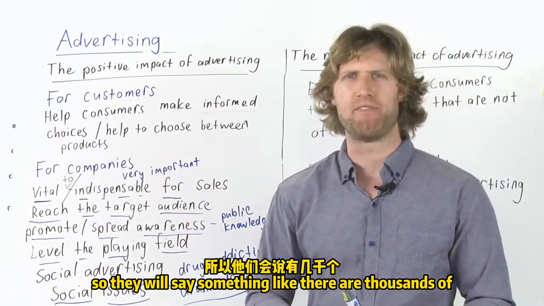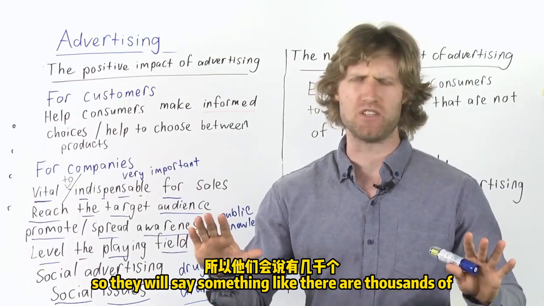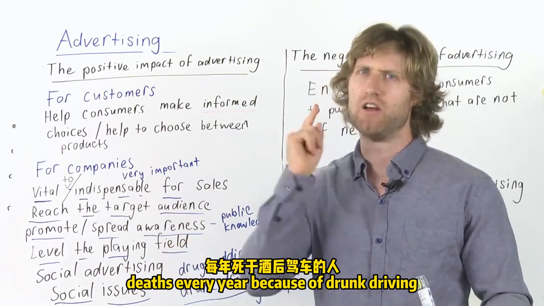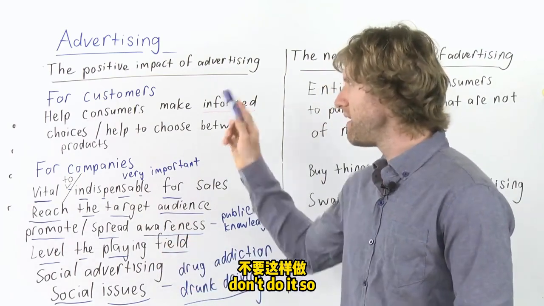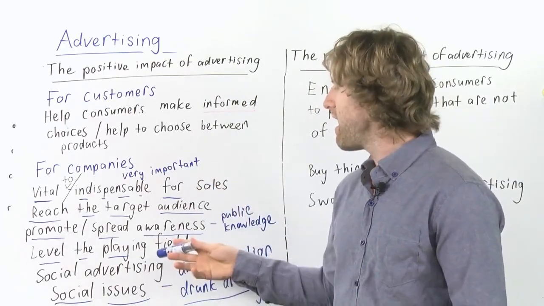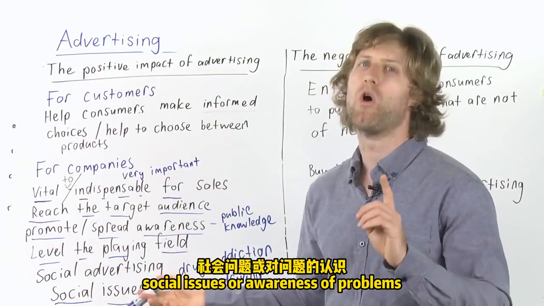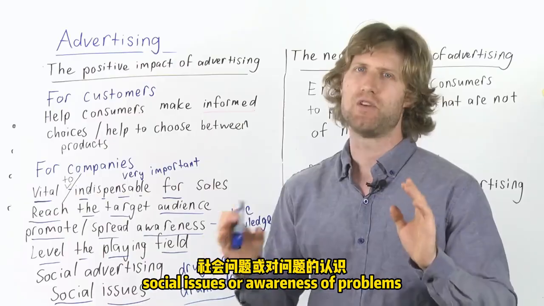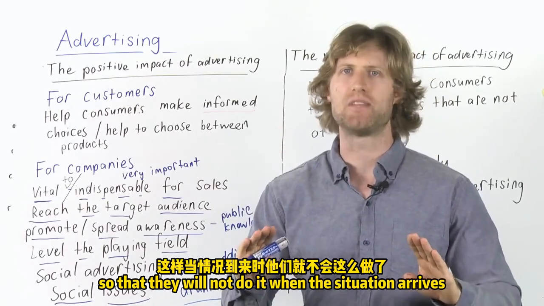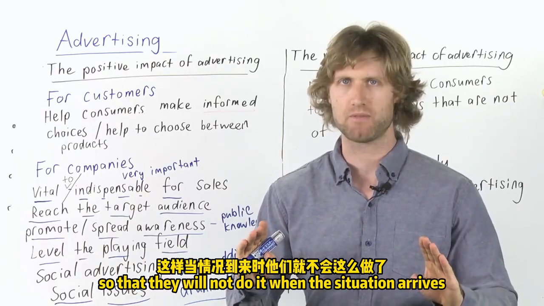So they will say something like, there are thousands of deaths every year because of drunk driving. Don't do it. So advertising can be very good for spreading social issues or awareness of problems to make people remember and think so that they will not do it when the situation arrives.